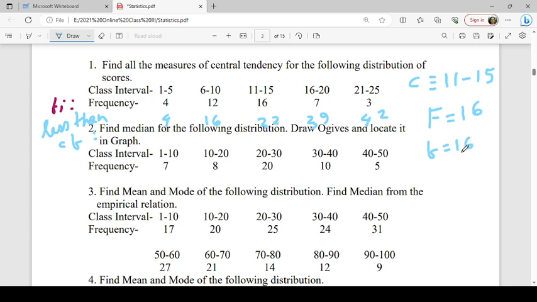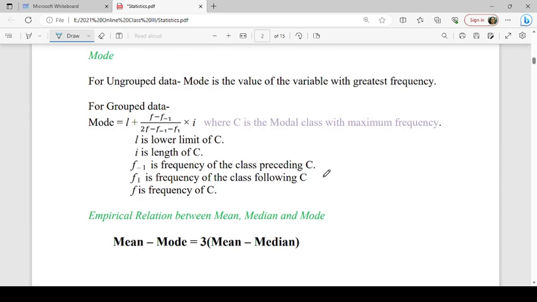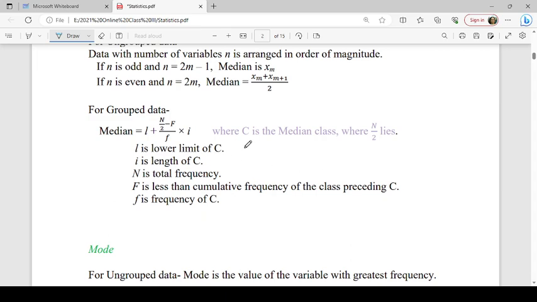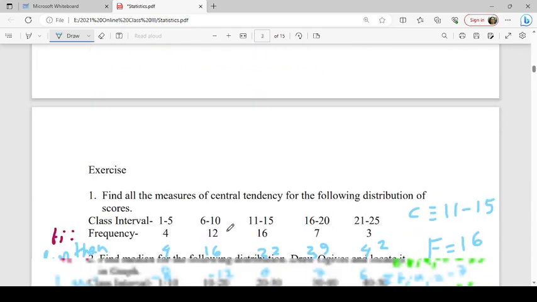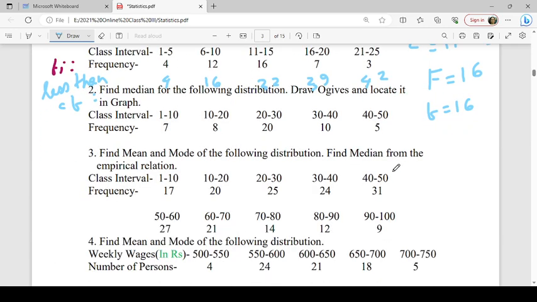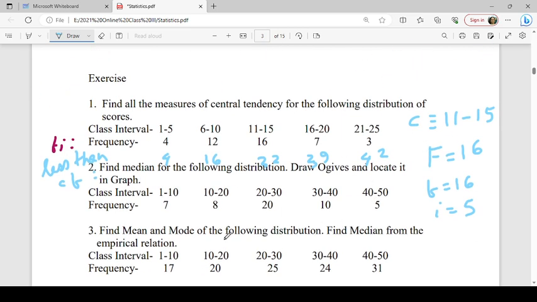The length of class i is 5. So we are getting everything. Now calculate the value.